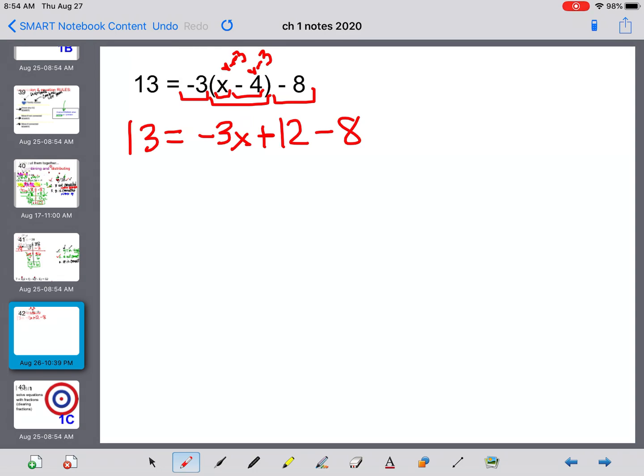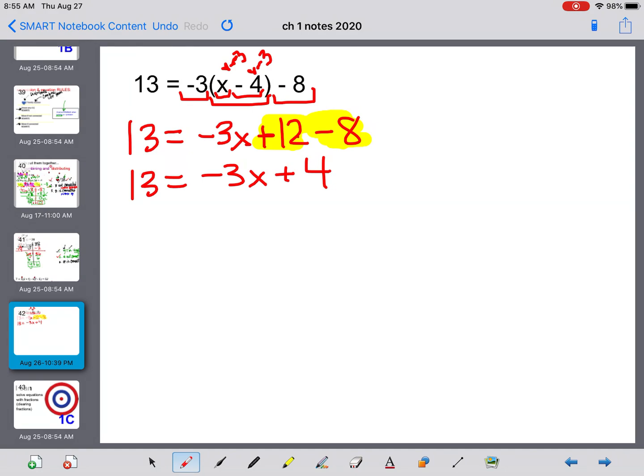Once I've distributed, what I want to do is combine like terms. Family reunion, right? So here is an integer. Here is an integer. I can combine those because they're on the same side. So I can simplify this a little bit. I'm just going to rewrite the problem. 13 minus 3x is now equal to, or plus 4, sorry, equal to.